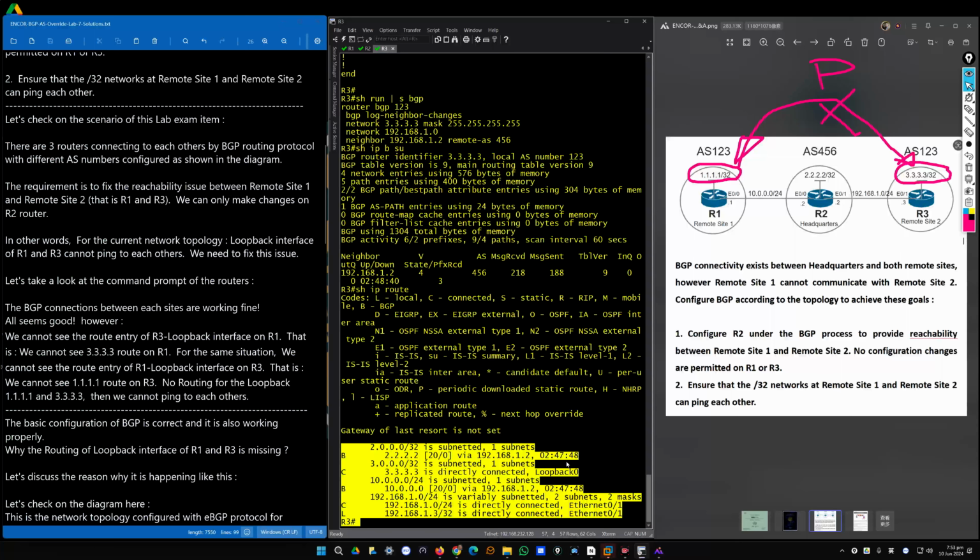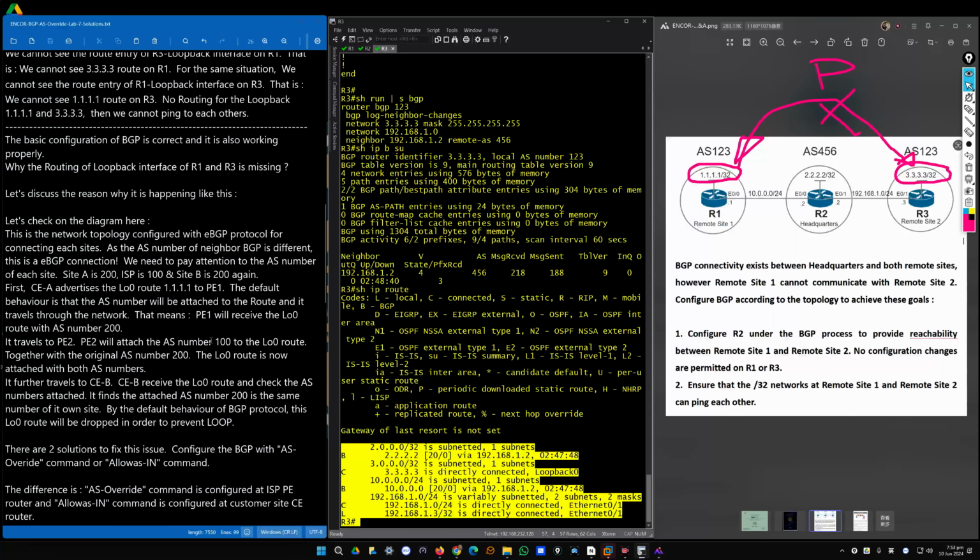No routing for the loopbacks 1.1.1.1 and 3.3.3.3. Then we cannot ping each other. The basic configuration of BGP is correct, and it is also working properly. Why is the routing of the loopback interfaces of R1 and R3 missing?